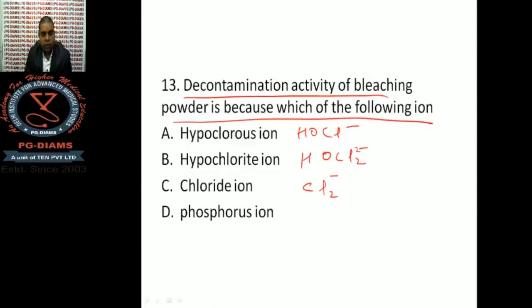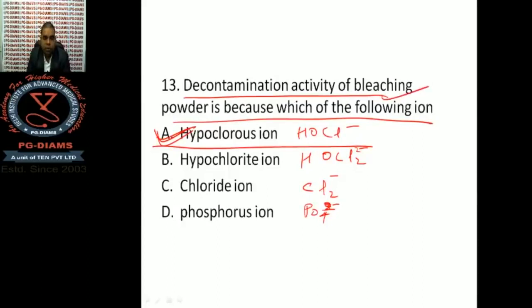And this is phosphorus ion, 2 minus or 3 minus. So this is hypochlorous ion, and this hypochlorous ion is responsible for decontamination activity of bleaching powder. In your question, they might also give you the ionic formula as the option. Again, the answer will be hypochlorous ion.